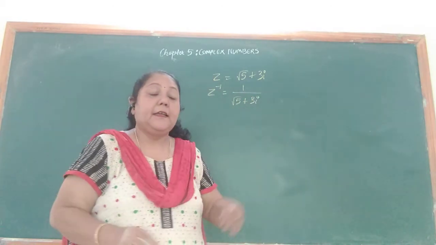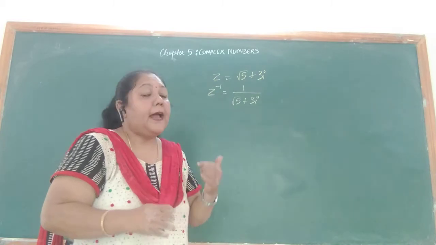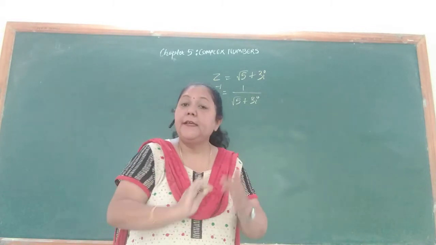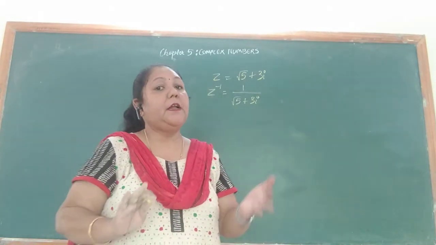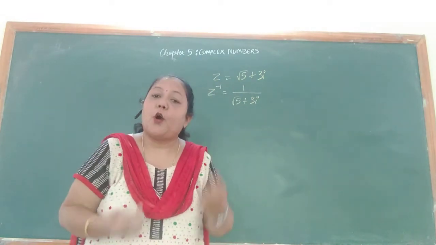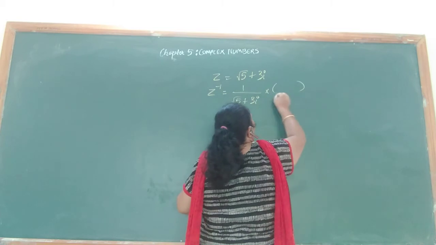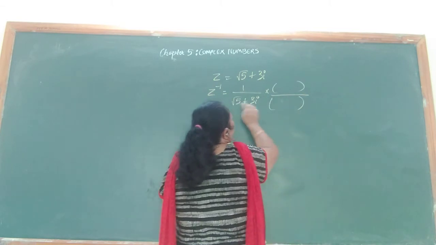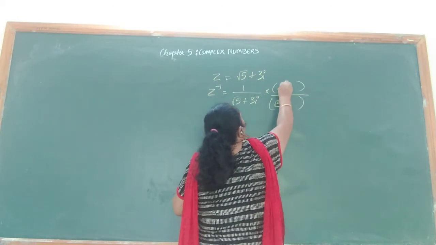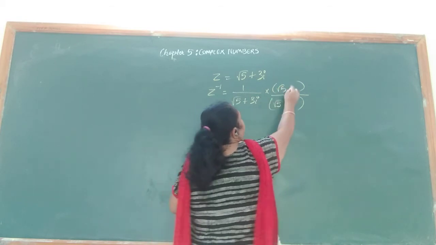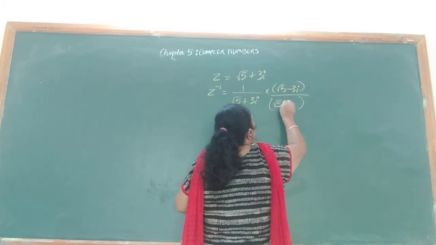And I said inverse means 1 upon, and then I said the denominator can never be a complex number, so you are supposed to take the conjugate of that number and multiply and divide by it. That is root 5, it is plus 3i, so the conjugate will be minus 3i.